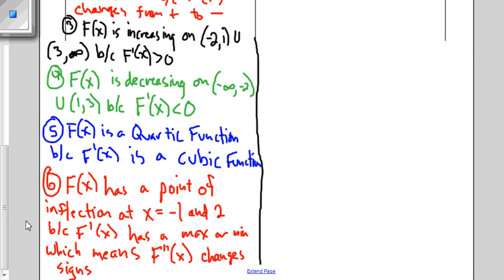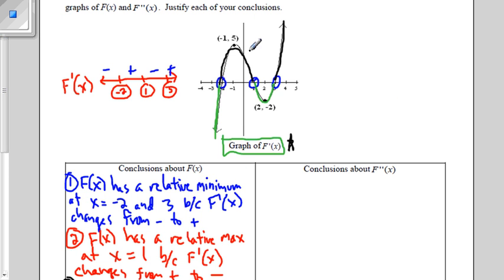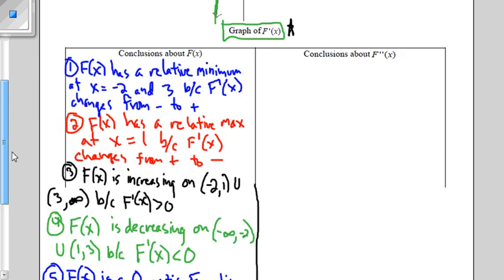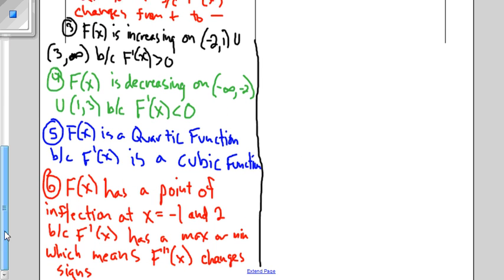Because the derivative has a max or min, which means the second derivative must have changed signs. This max means the second derivative goes from positive to negative. Here, there's a min, so the second derivative is changing signs from negative to positive. Therefore, at both those points, the original function must have a point of inflection.